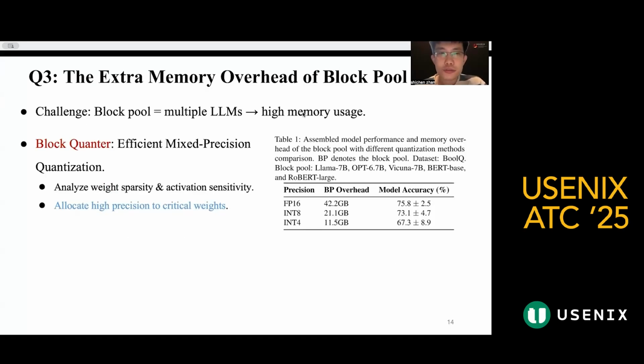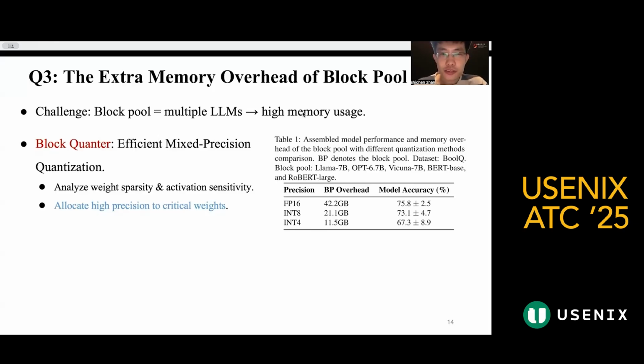Okay, let's move on to the last challenge, the block pool itself, because the block pool is memory-bound. From the table, we can see that with just 5 pre-trained large language models, the FP16 version already takes up over 40 gigabytes of storage. Even if we use int8, it's still too large for many edge devices. Int4 helps shrink the size further, but it comes with a major trade-off.